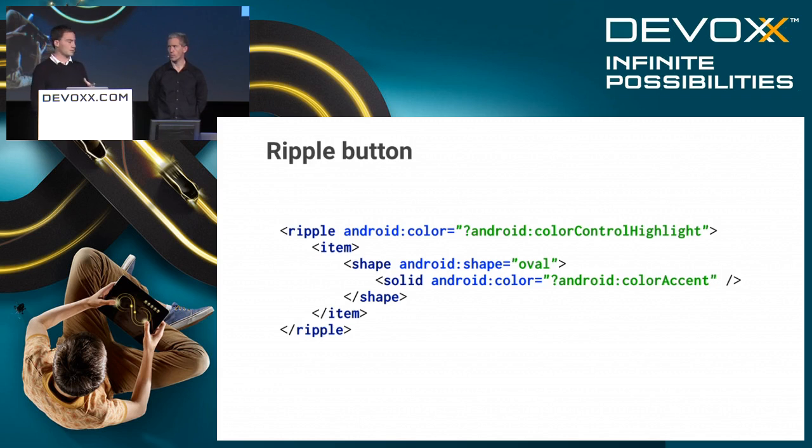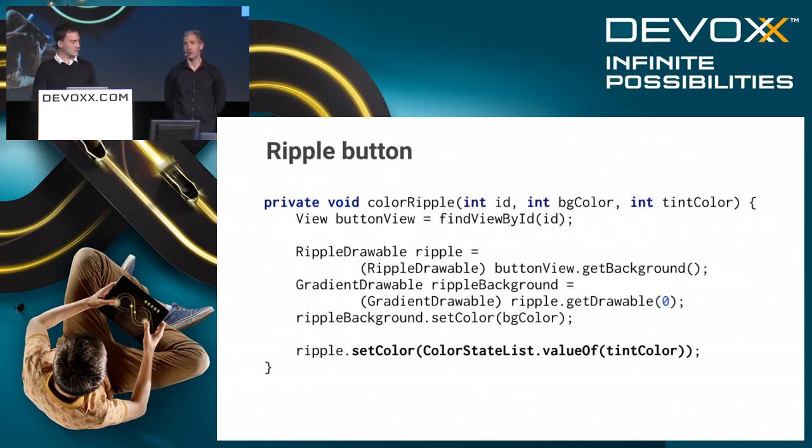And shapes, for some weird reason, please don't ask me, map to a class called GradientDrawable. So not ShapeDrawable, GradientDrawable, because there's also a ShapeDrawable, but it's something else. So you call getDrawable(0) to get the first drawable within the layer drawable.